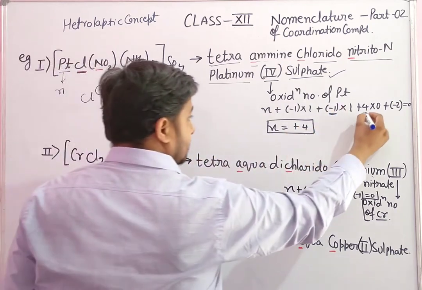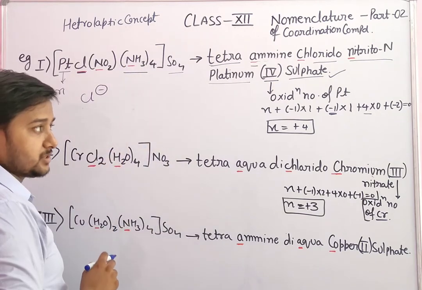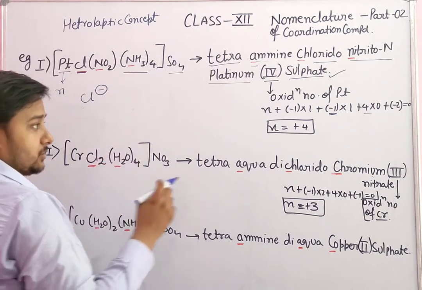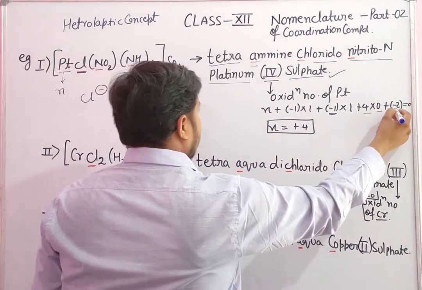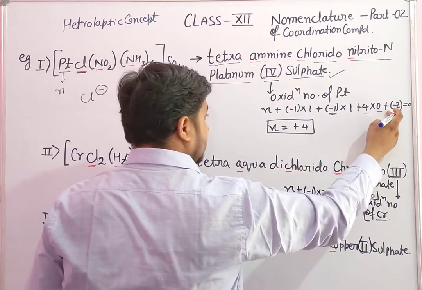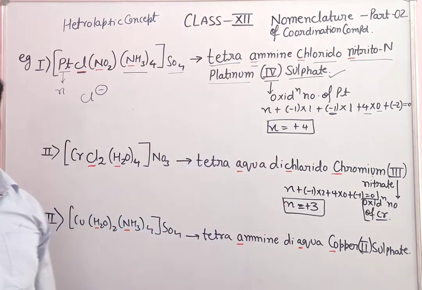Plus 4 into 0, because NH3 is a neutral ligand having charge 0, and the number of NH3 is 4. Plus SO4 having -2 charge, so -2 into 1, is equal to 0. Clear? After calculating this we get +4, so +4 is the oxidation number of platinum.